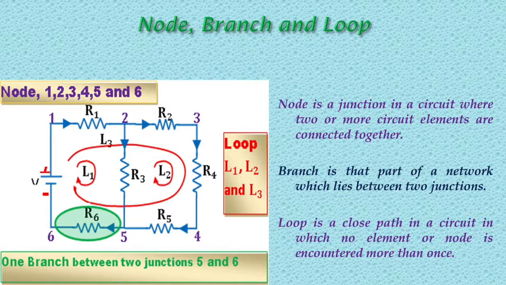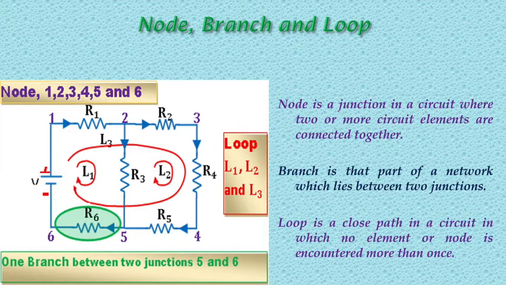A loop is a closed path in a circuit in which no element or node is encountered more than once. There are 3 different loops in the circuit: loop 1, loop 2 and loop 3.